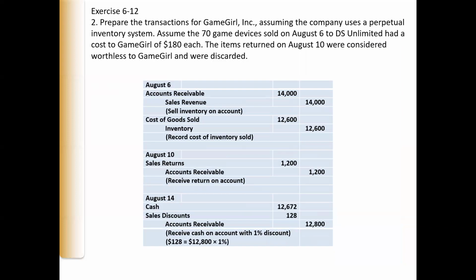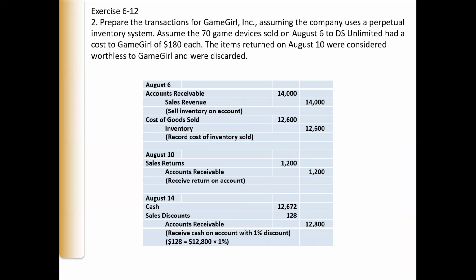Now we're going to look on the other side of the equation here, and let's look at Game Girl. Prepare the transactions for Game Girl, assuming the company uses a perpetual system. Assume the 70 game devices sold on August 6th to DS Unlimited had a cost to Game Girl of $180 each.